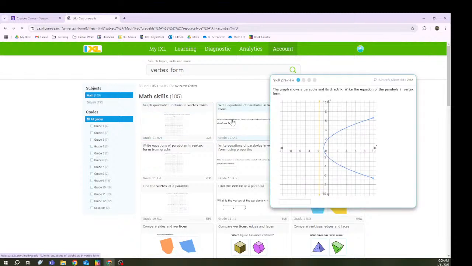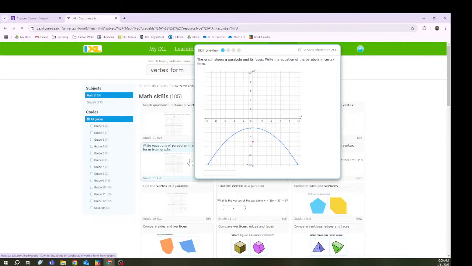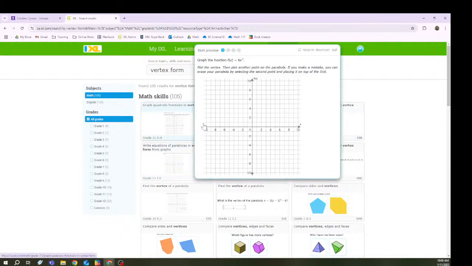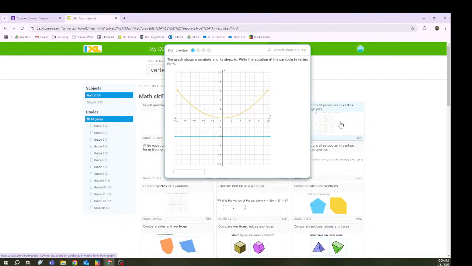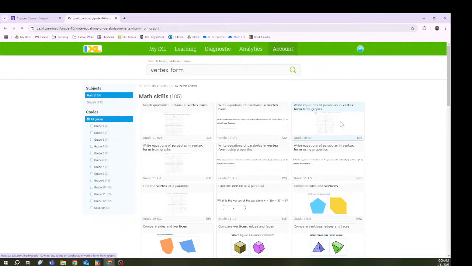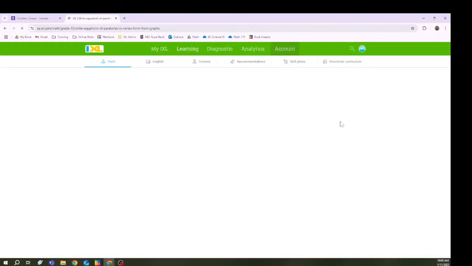Oh, and the only problem is some of these go sideways. You haven't learned the sideways piece yet. Darn it. That'll be an issue. But you know what? I doubt it would be done at the grade 10 level. Most people don't teach the sideways one. I don't even know why they put it on iExcel that way.